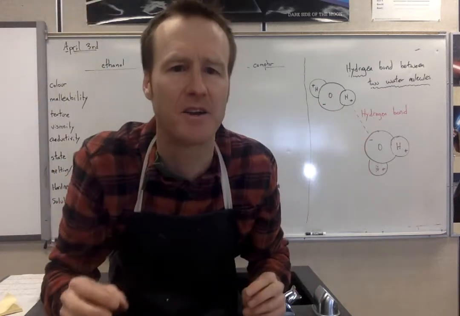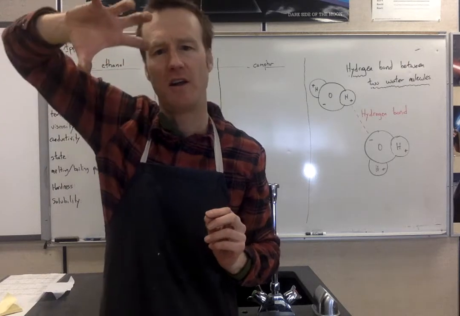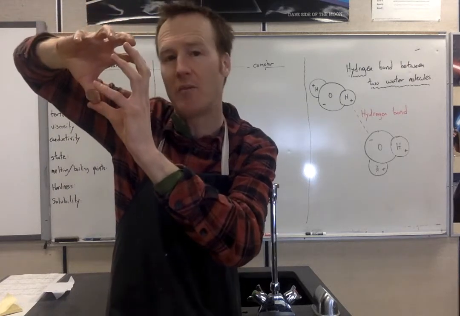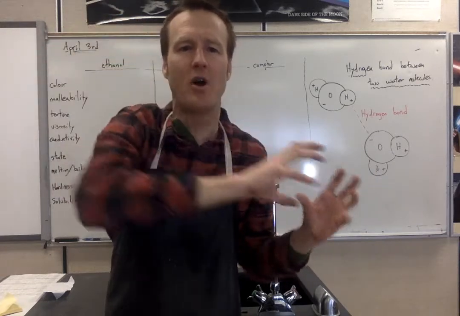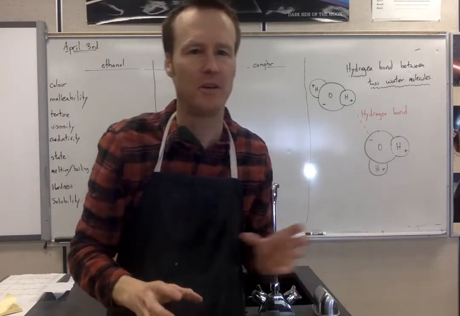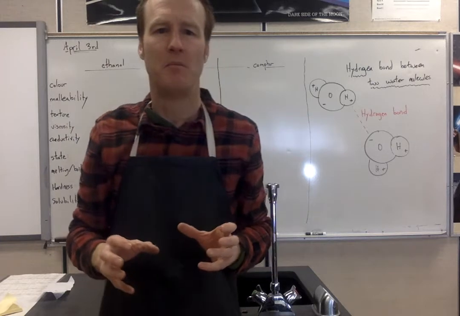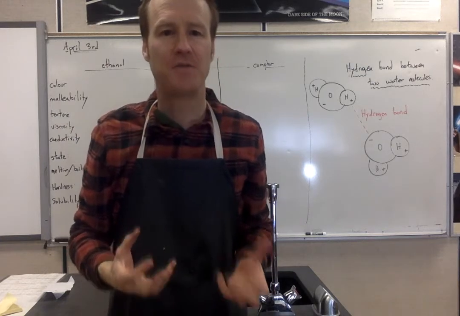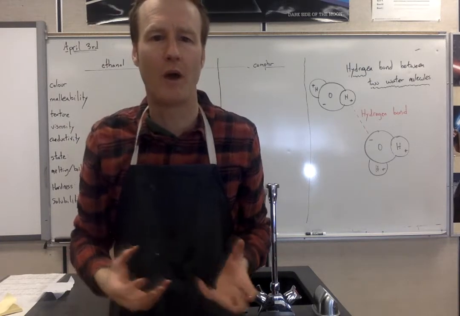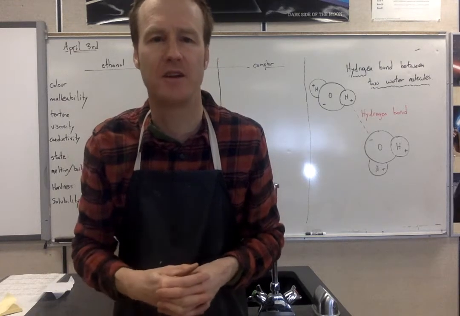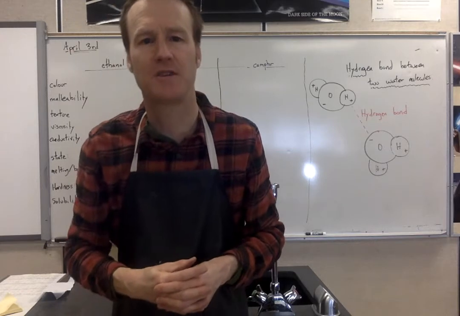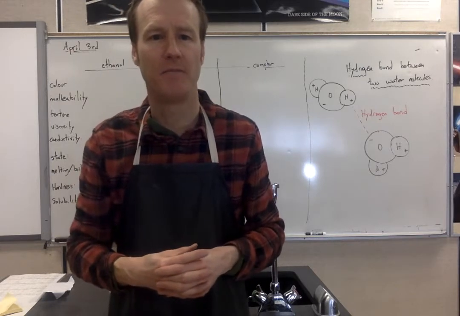So you see in my diagram right there, I've got a hydrogen on a water molecule that's forming a little association with an oxygen on a different water molecule. This is not a chemical bond, but it's a physical bond that's very important for understanding why water does what it does. All the crazy chemical properties that such a normal substance has as water.